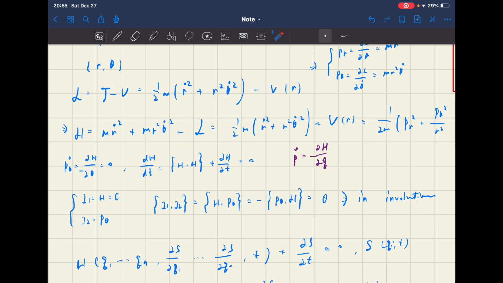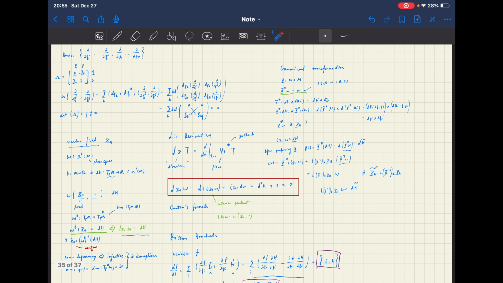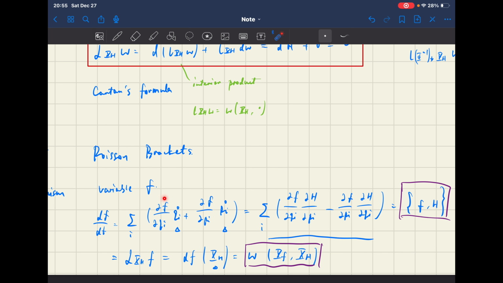Also I noticed that the total derivative of H over time is equal to 0 as well. Here I used Poisson brackets. Remember what I talked about before? Poisson brackets can be used to calculate the rate of change of a variable f.